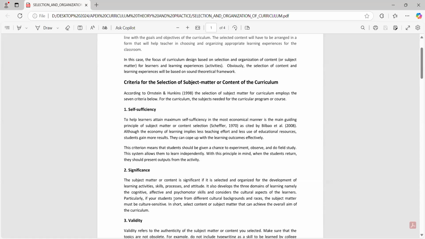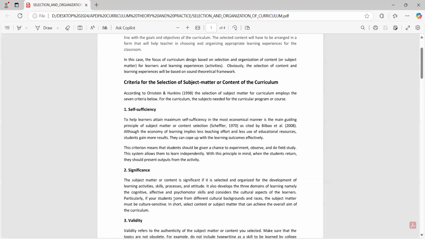Now, for example, the content that you select should actually serve the development and the realization of the ILOs to the maximum. For example, students at the end of the program will be able to develop their ability to do a presentation. That is the intended learning outcome.